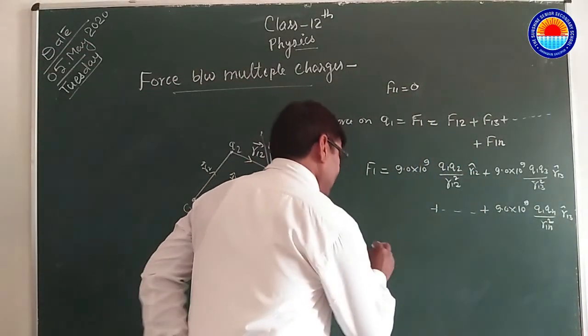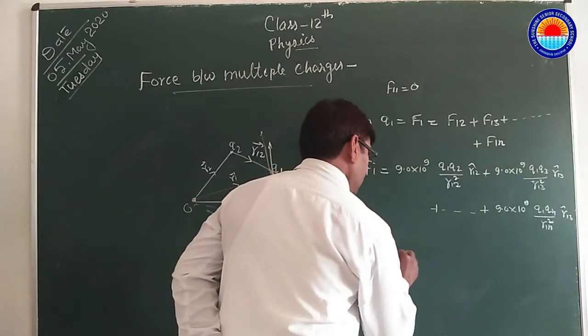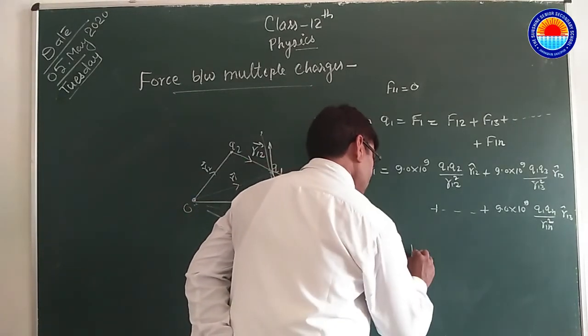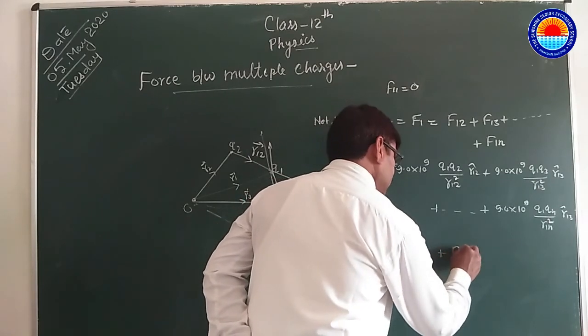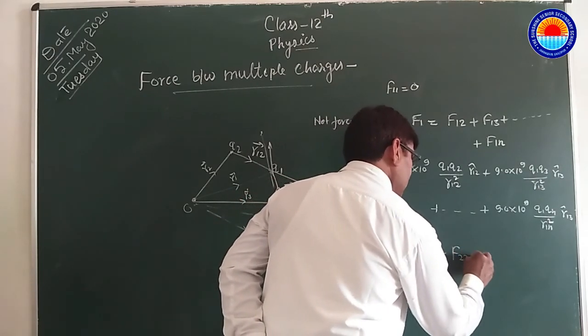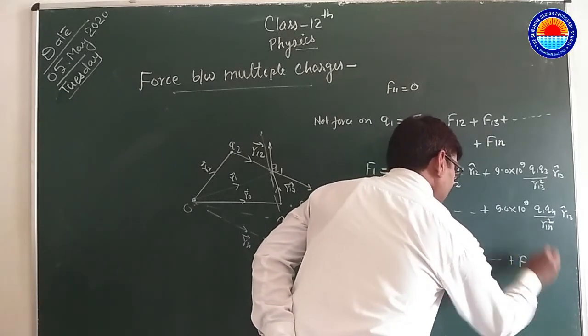Or you may also write force on charge 2. It's equal to force on charge 2 due to 1, force on charge 2 due to 3, plus so on, force on charge 2 due to n.